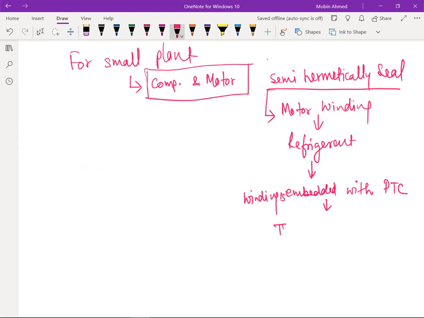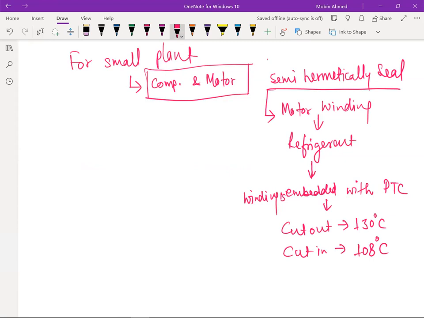Generally, it is going to trip off or cut out at 130 degrees centigrade, whereas cut in is at 108 degrees centigrade. Cut out is 130 centigrade.